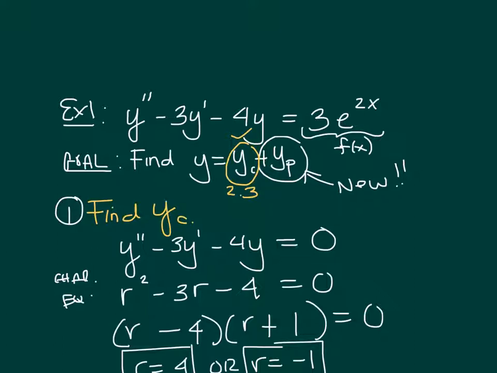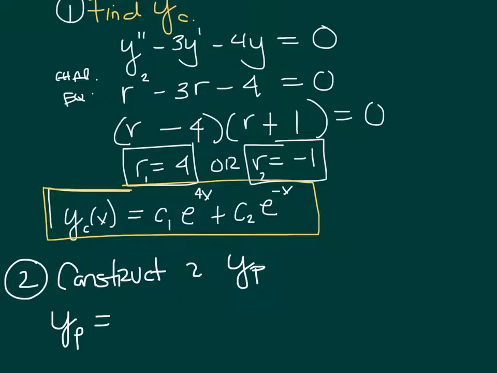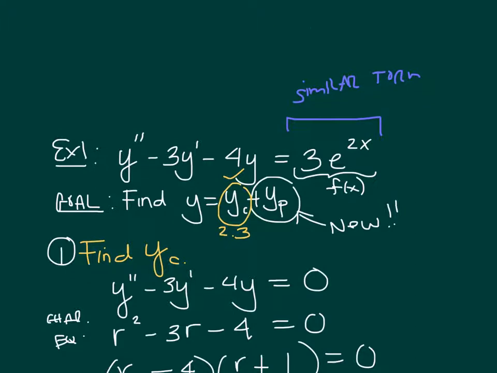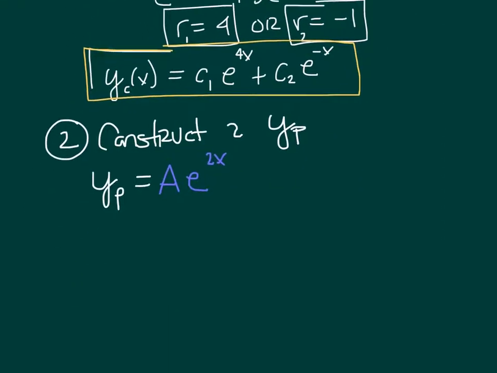Let's get a different color, this blue or purple. So you want it to be of a similar form or type as your f of x. Notice it's an exponential function, 3 times e to the 2x. So I want to construct y sub p as a times e to the 2x, where a is some constant, because it was 3 e to the 2x, so instead of 3, we write some general constant.